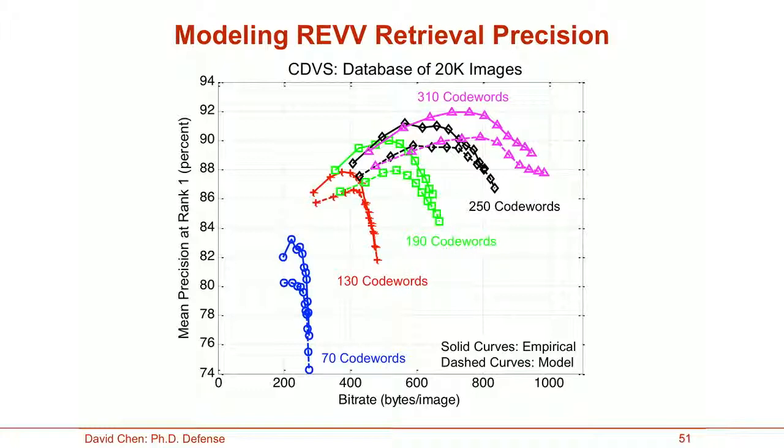It predicts there's an optimal precision for each codebook that's obtained by an optimal number of features. Our model also shows there are diminishing gains as we go to larger codebook sizes. A model like this can be very useful for optimizing the REV parameters and also for predicting the REV retrieval performance for configurations we have not yet tested.